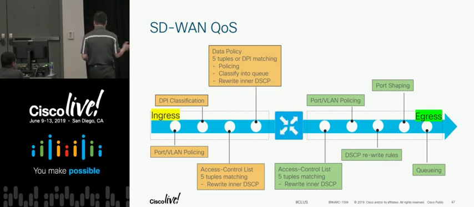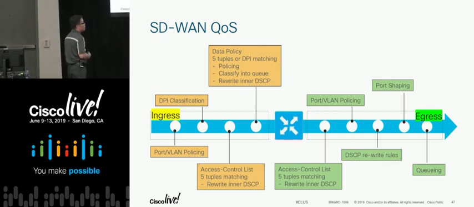Okay. So as the packet transmits from the ingress to the egress direction, there are a number of touch points where the QoS will be executed. First, there is a port or VLAN-based policing. This is a vEdge specific functionality, not supported in the XE-SD-WAN.